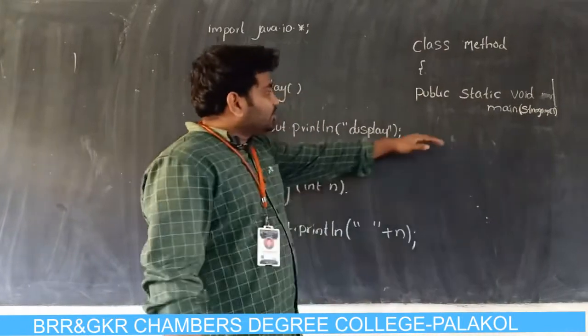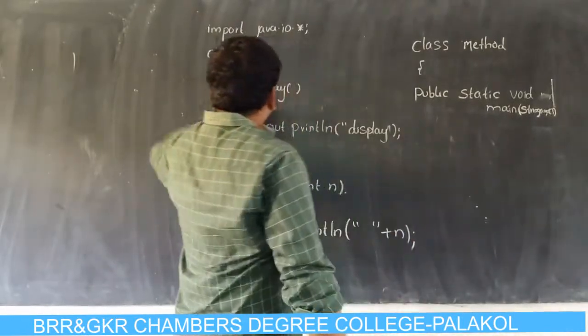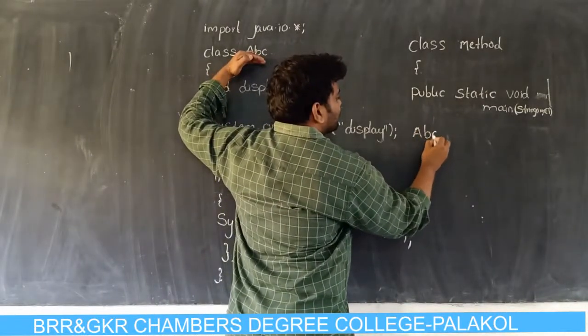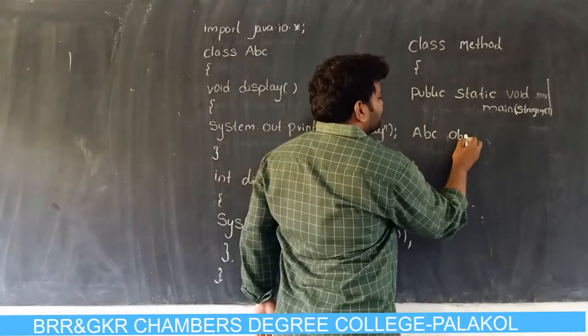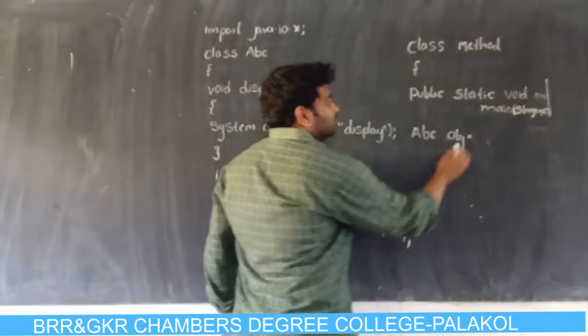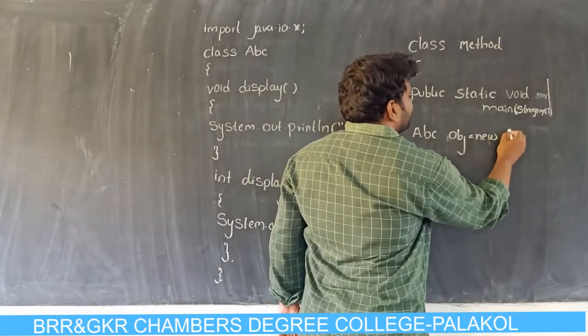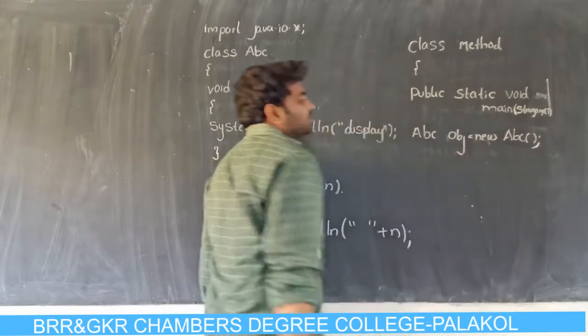Okay, next you create the object. The class name is ABC, and the object name is obj is equal to new ABC open parenthesis and closing parenthesis semicolon.